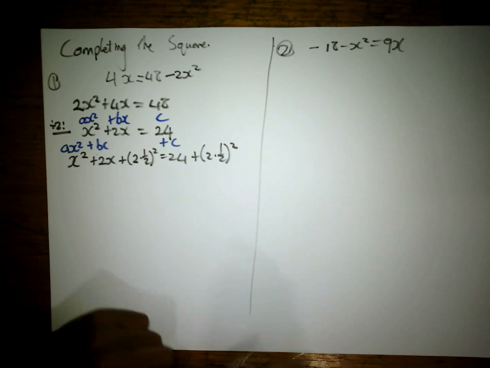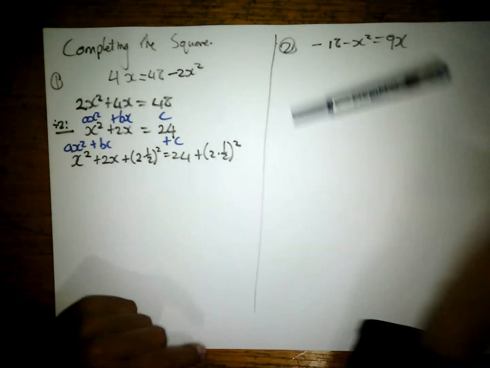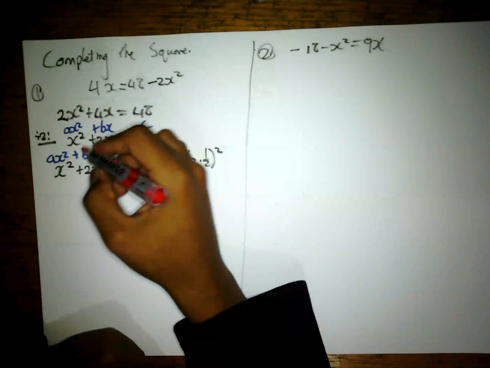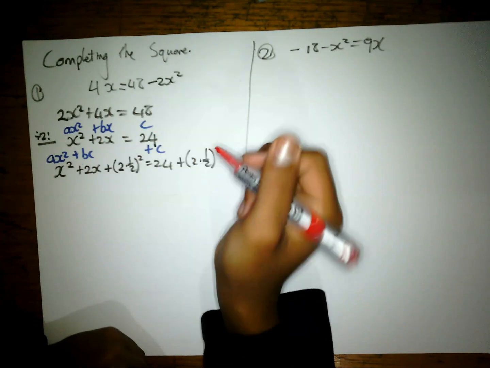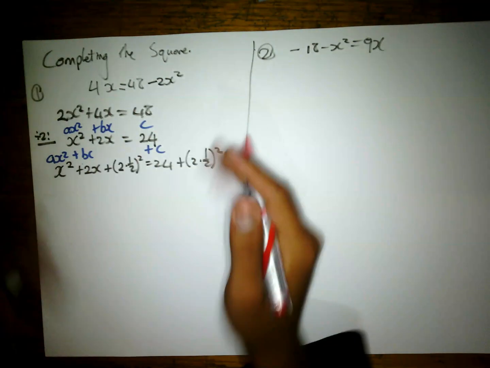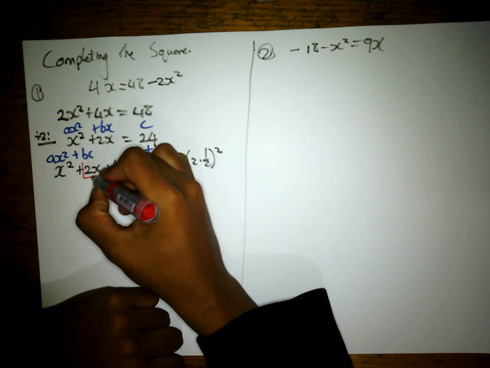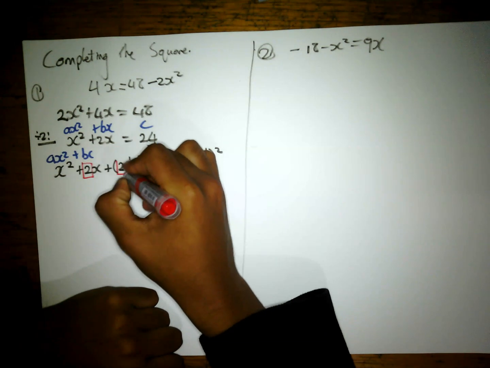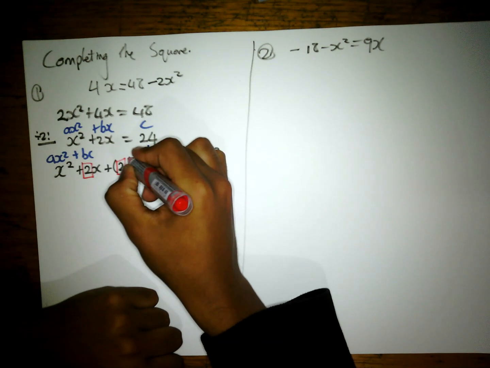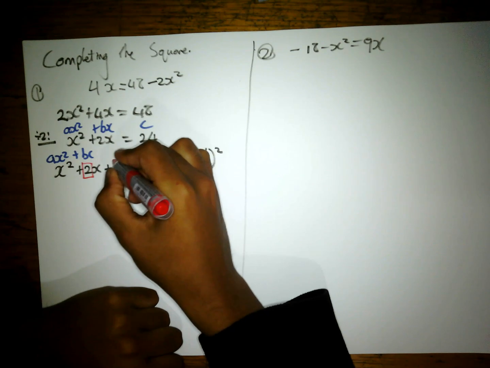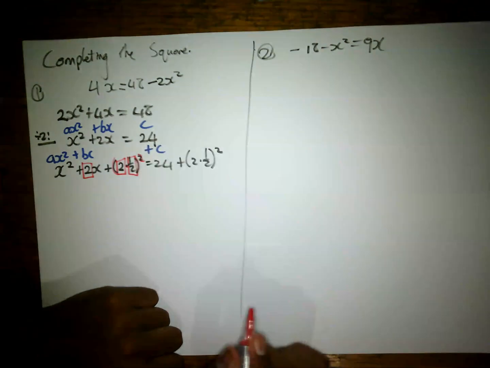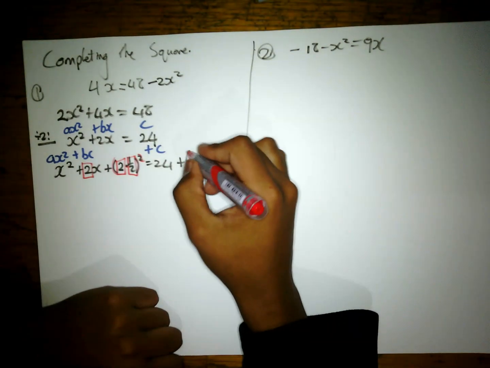So your b value, you multiply with half, then you square that bracket. So my b value, I multiply with a half, and then I square this bracket. And I do it on both sides.